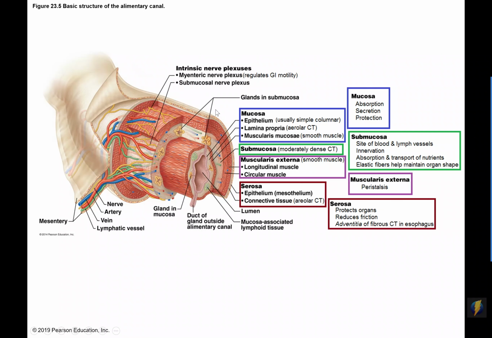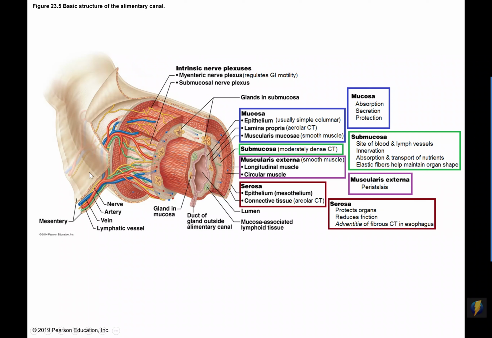And then wrapping around the whole of the GI tract, all the different organs of the GI tract, is serosa. So just a little bit of mesothelium with a little bit of connective tissue underneath, just to reduce some friction, add a little protection, and so on and so forth.